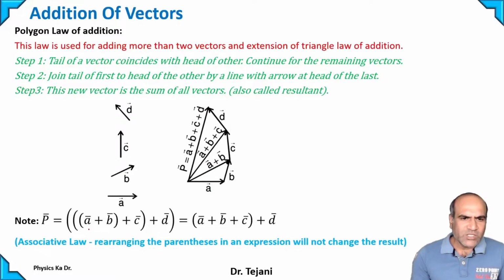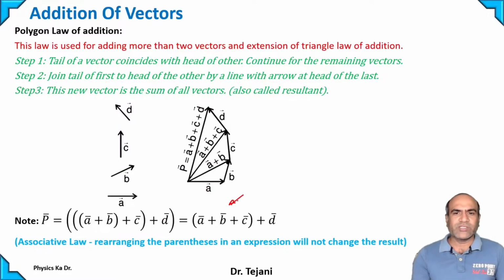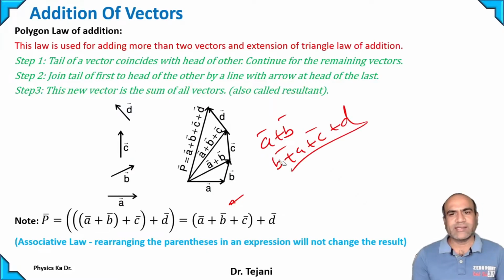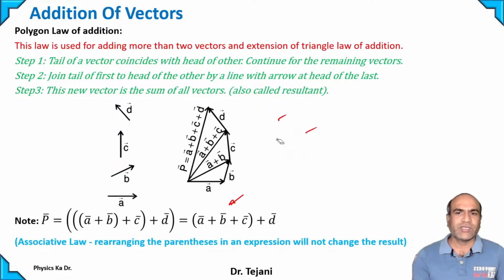So ultimately P is equal to A plus B plus C, right? Whatever way you change the order, the answer is similar. So it is also known as the associative law. That means rearranging the position: you can write A plus B or B plus A plus C plus D, whatever you arrange, the answer remains similar. There isn't any change in the answer.